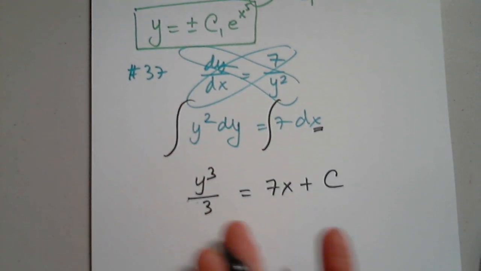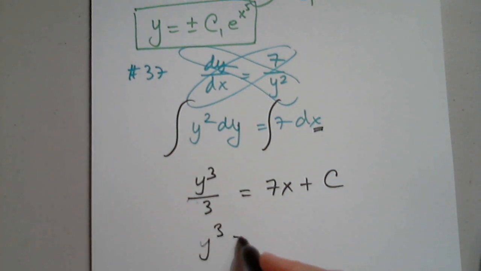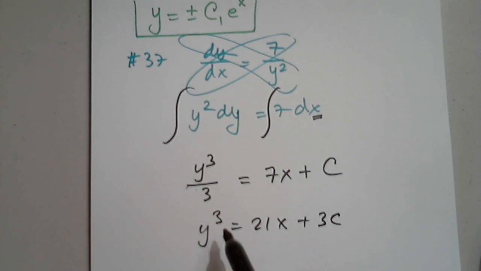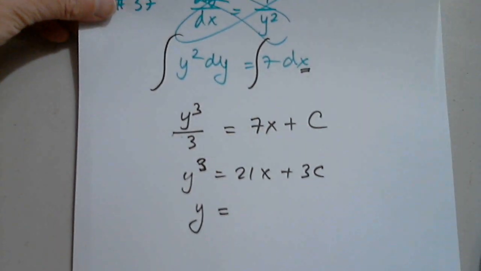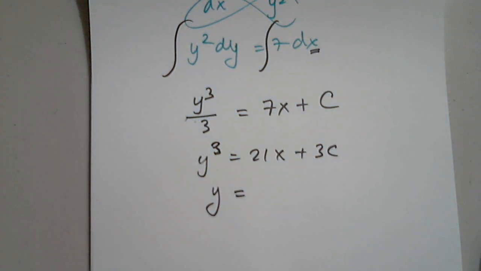That's it. Multiply both sides by 3. This is algebra now. 21x plus 3c. And how do I solve this for y? I don't want y cubed. What do I do to both sides to get y alone? What operator do we apply to both sides to get y alone?